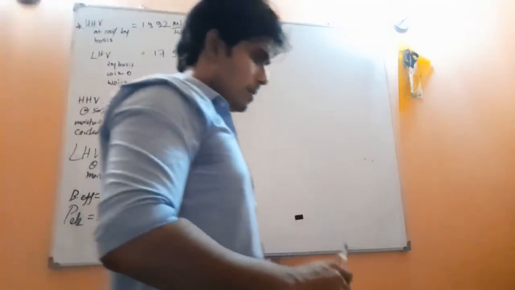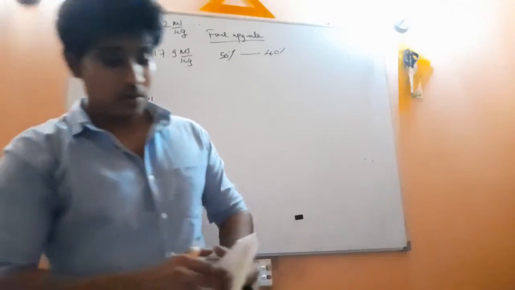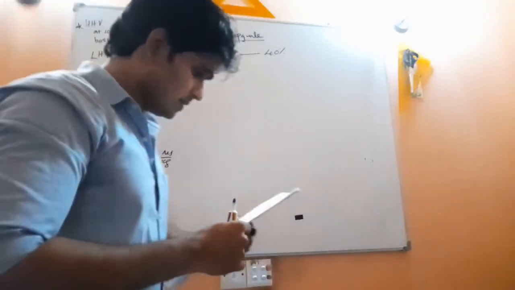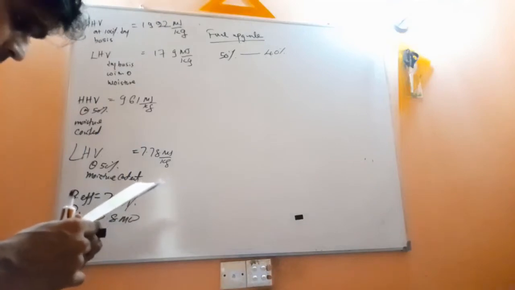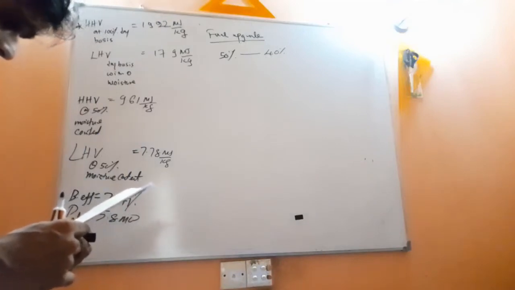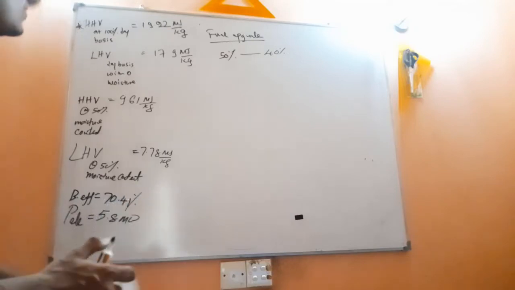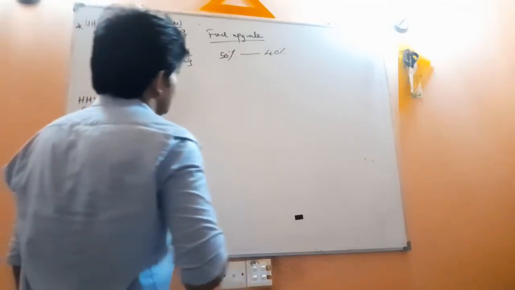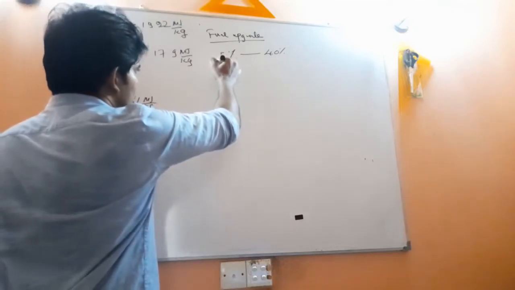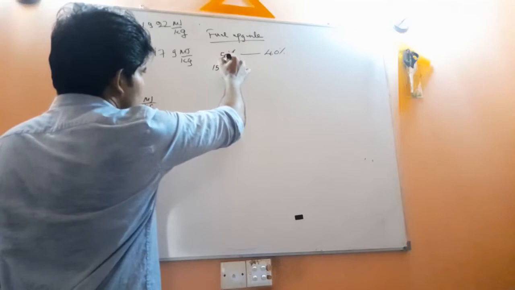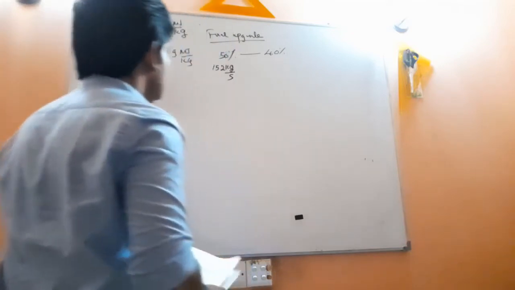So now what is the initial fuel flow rate? The initial fuel flow rate is 15.2 kilograms per second, with 50% moisture content.